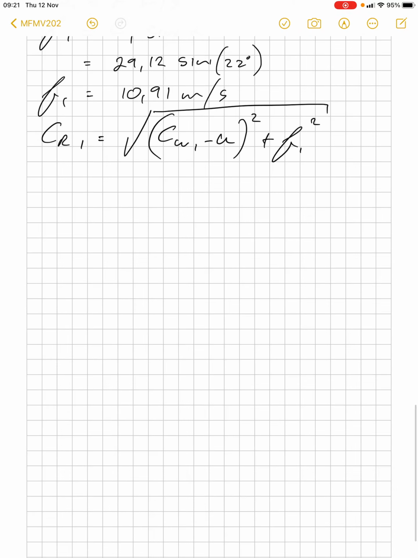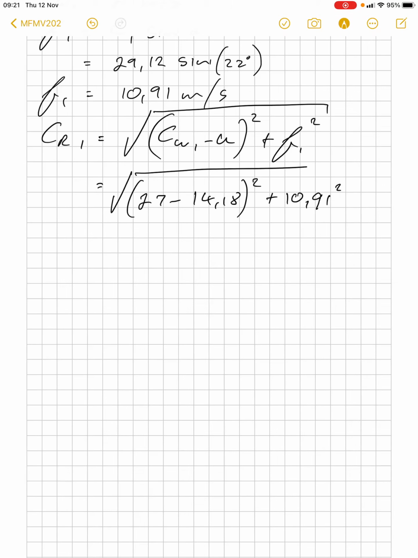Substituting, we've got 27 minus 14,18 squared plus 10,91 squared, and CR1 then becomes 16,834 meters per second.